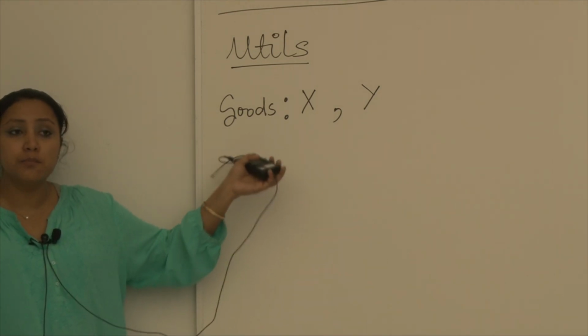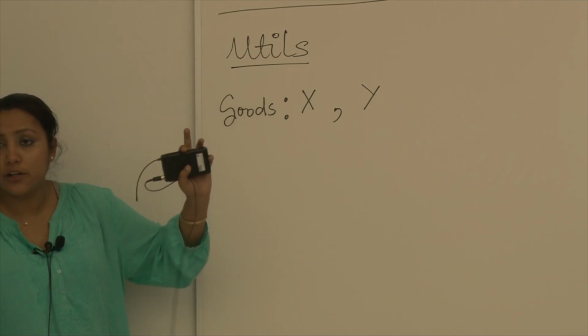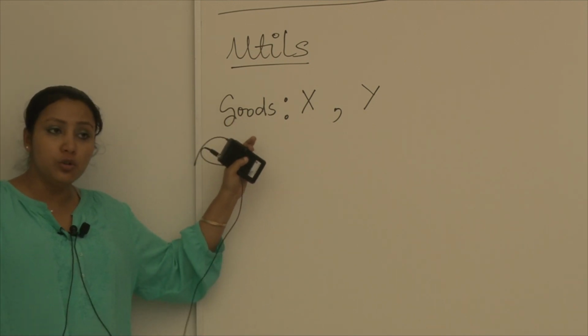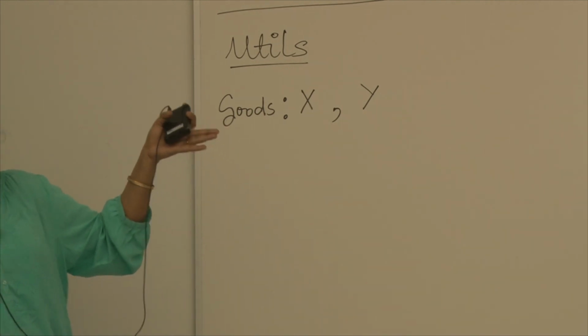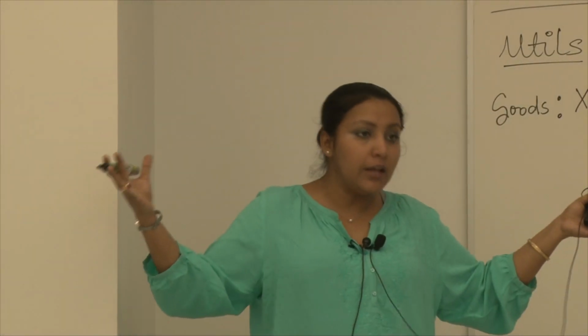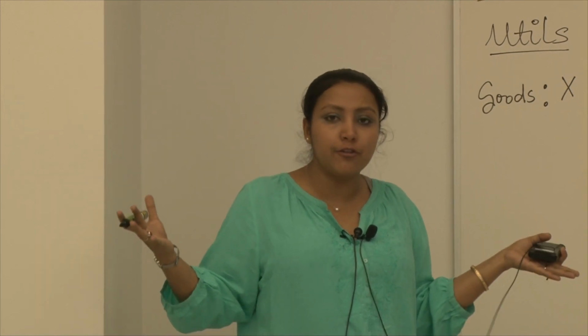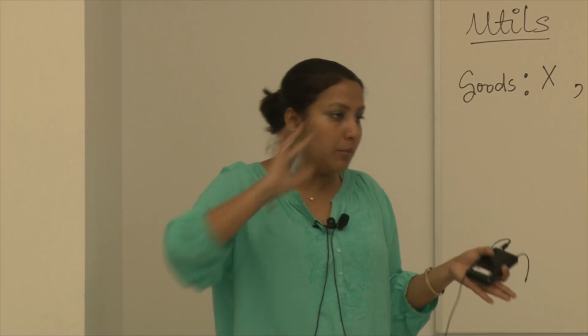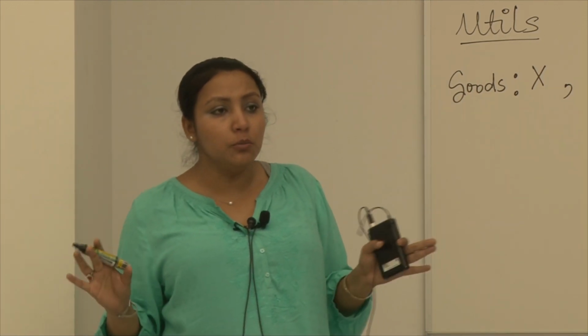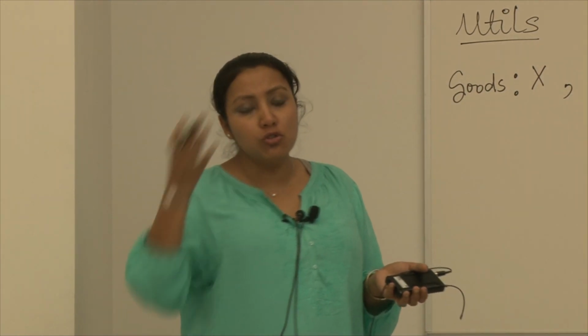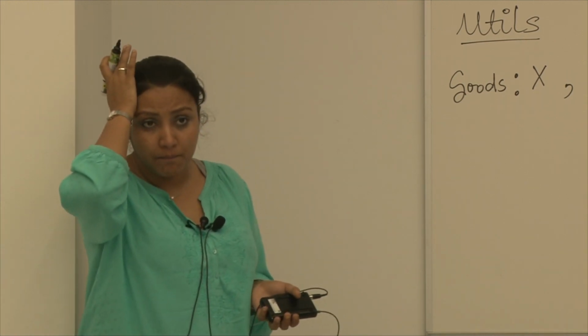So, that is why for simplicity we are assuming that in the world there are only two goods and you have to choose between those two goods. But in the real world you actually make a choice between several goods. And if I could draw a multi-dimensional graph on the board, then it would be multi-dimensional. But for simplicity and for graphical representation, we are assuming that an individual has to choose between two goods X and Y. Okay.